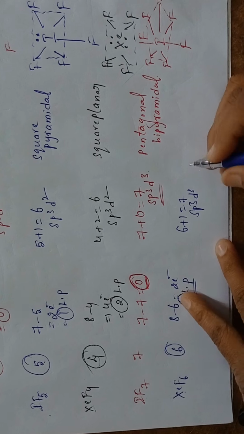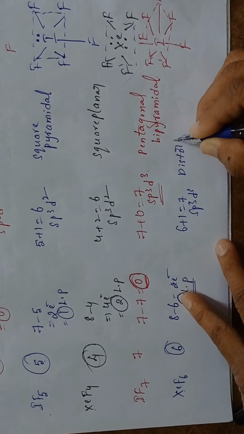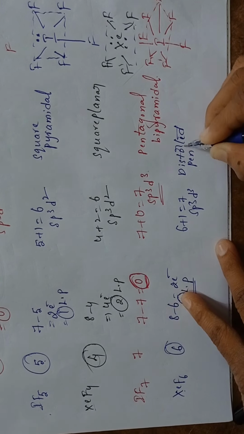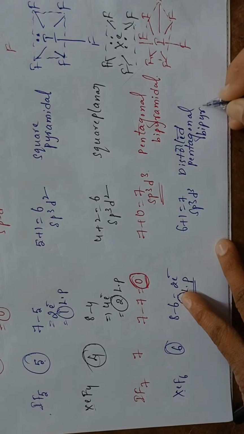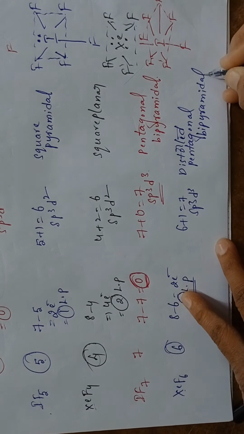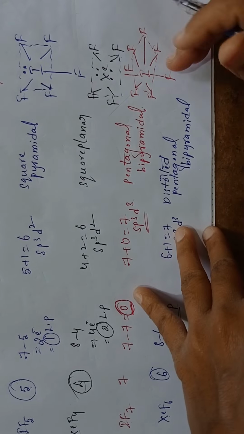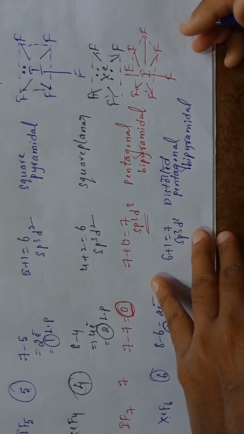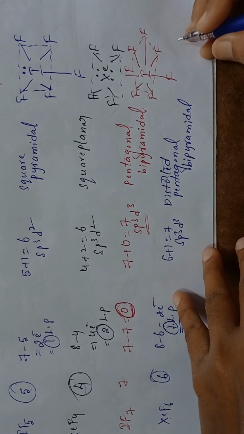Shape is distorted pentagonal bipyramidal shape. Okay, distorted pentagonal bipyramidal shape, students. That means this is the shape, students. XeF6. Clear?